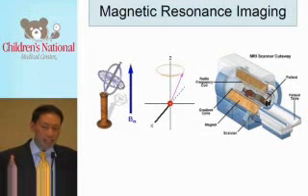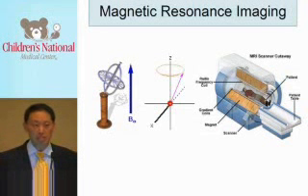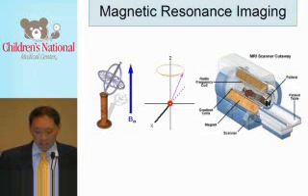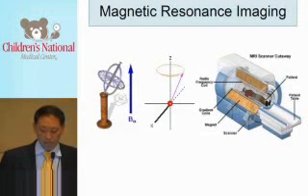But they're not a static alignment. They will spin. We use the physical term precess, but really it's spinning. The physical analogy that's always been offered is a spinning top or a gyroscope.